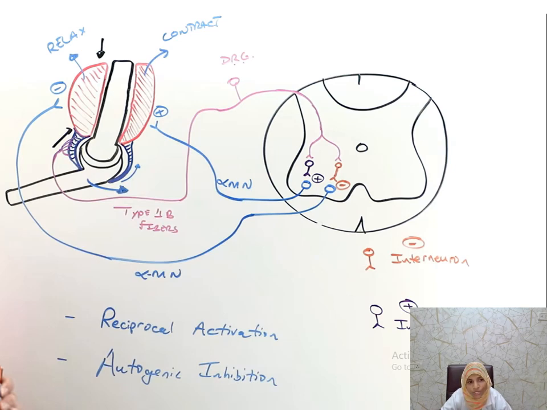Because we want the agonist muscle to relax, the inhibitory interneuron will synapse on the efferent neuron, that is the alpha motor neuron, and inhibit the agonist muscle. To contract the antagonist muscle, the excitatory interneuron will synapse on the motor efferent and contract the effector. So the sensory receptor, the proprioceptor, then the afferent, the center, the efferent and the effector, this is called a reflex arc.